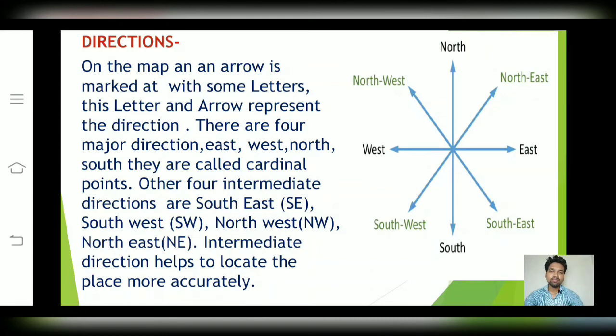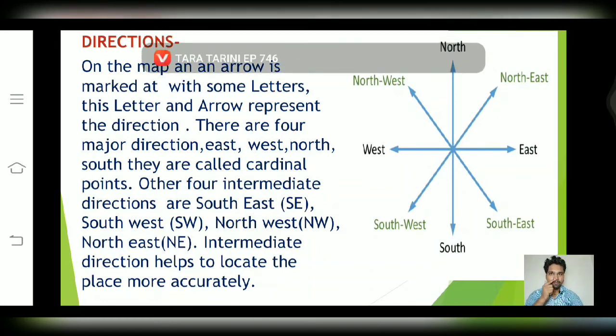Friends, if someone says go 10 kilometers and you will find your home, but he does not tell you in which direction you have to go, suppose your house is in the east direction and mistakenly you go in the west direction, what will happen? You will not be able to find your home. So here the importance of direction comes.